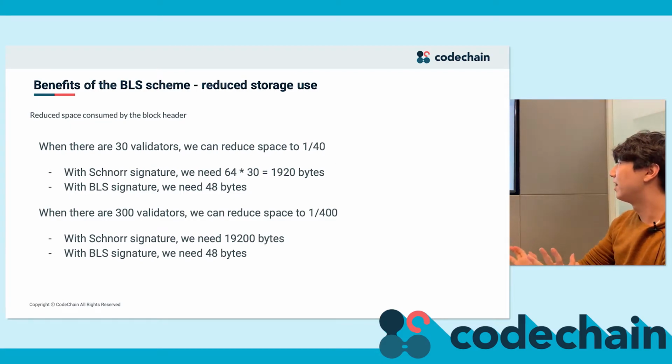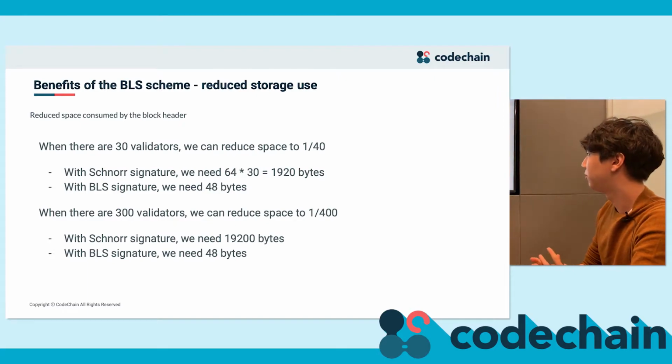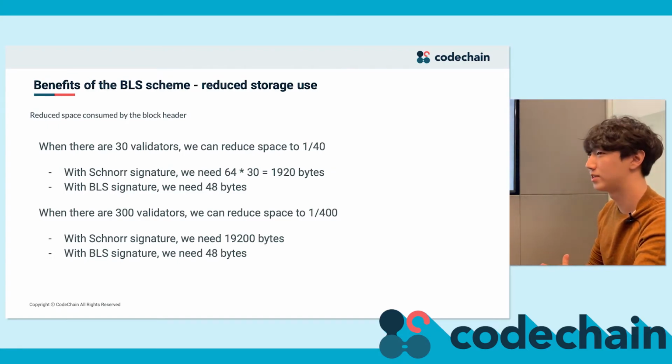When there are 30 validators, with Schnorr signature we need 64 times 30, so 1920 bytes to store signatures in the block header. But if we use BLS signature, we just need 48 bytes, which is the size of a single BLS signature.